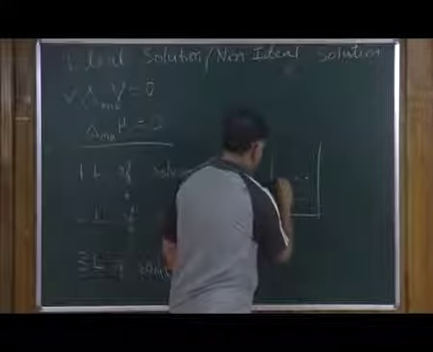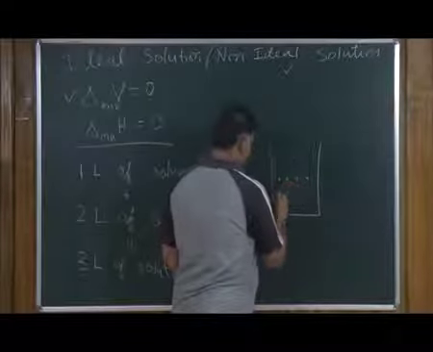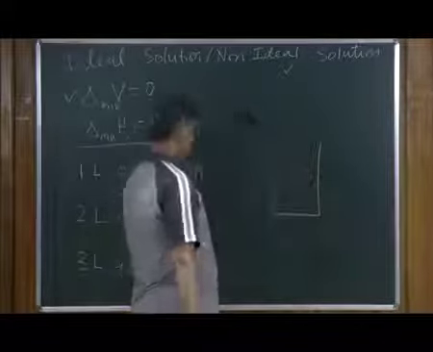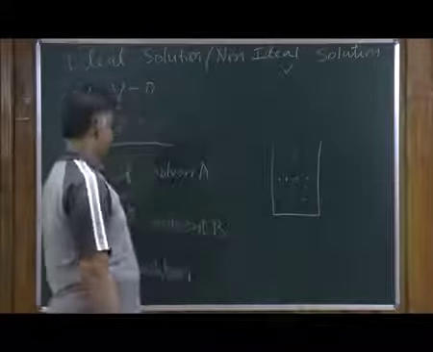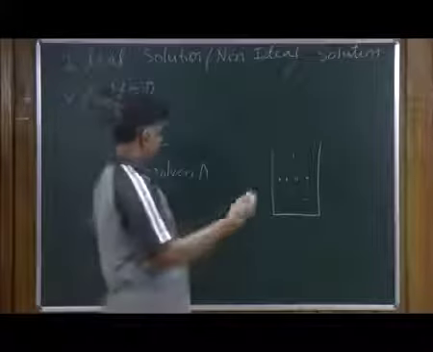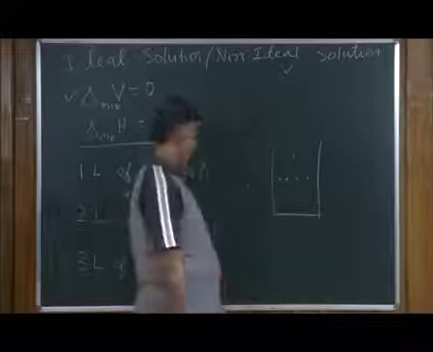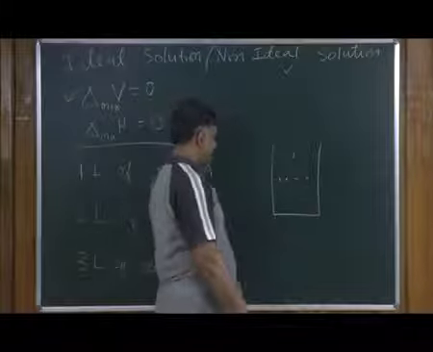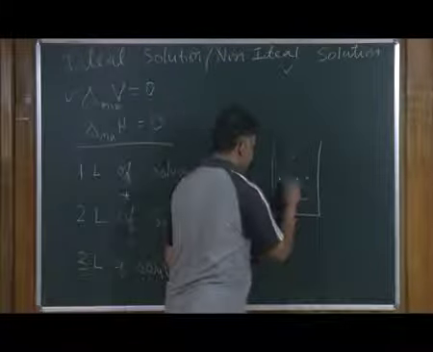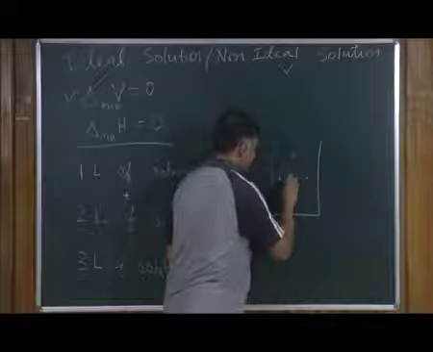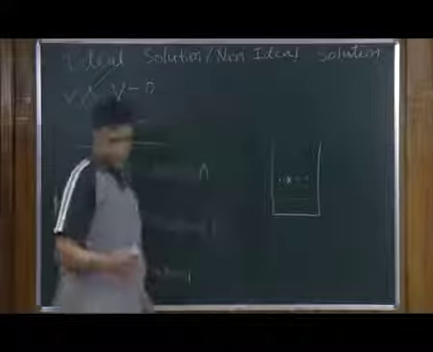So, there is an interaction between A and A if it is a pure solvent A. Now I am going to add B, so some of the A molecules at the boundary will be replaced by B. It could be a solvent or it could be a solute.